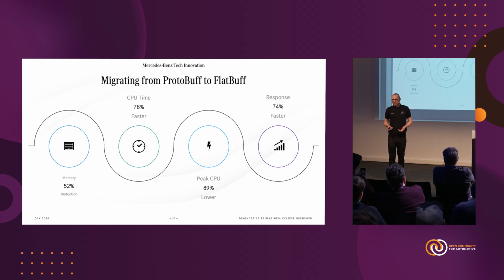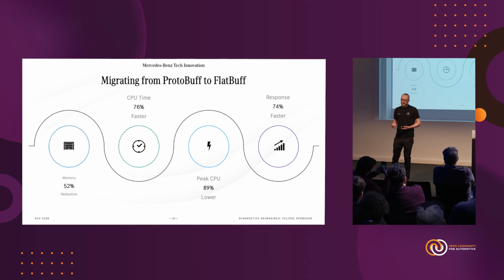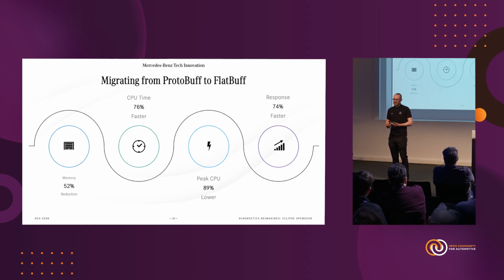The reason for these gains is a bit obvious if you take a look into how protobuf and FlatBuffers actually work or how they differ. If you're reading a message in FlatBuffers, it works by just simple offsets, and if you're accessing a message in protobuf, you have to parse huge chunks of the MDD file and then have to build an object graph in memory that takes a lot of allocations, and FlatBuffers just doesn't need that.